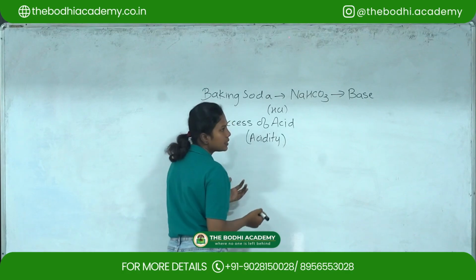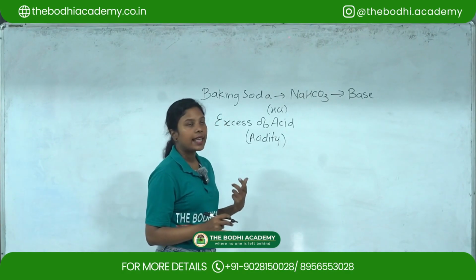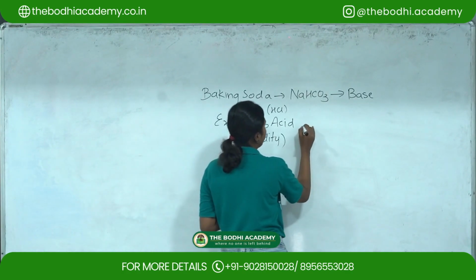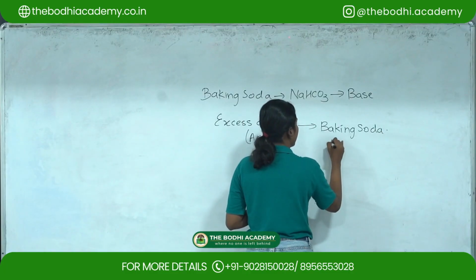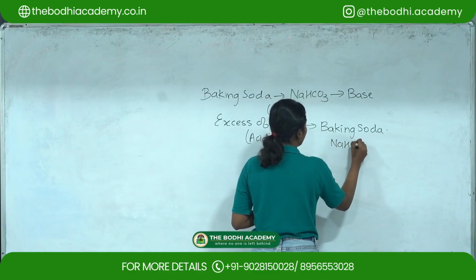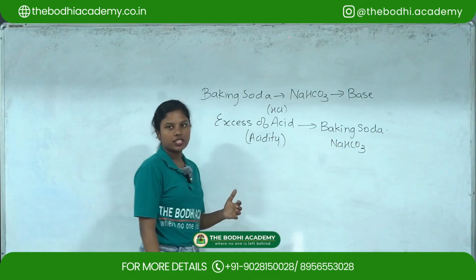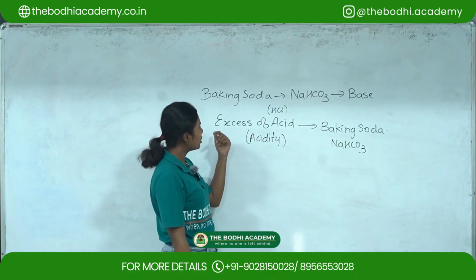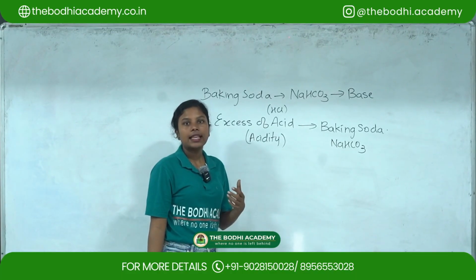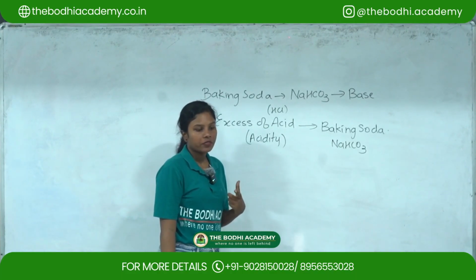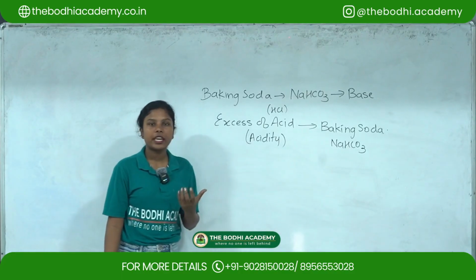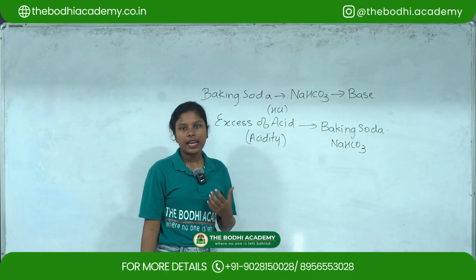To neutralize this acidity, we take a base, and that base is baking soda, NaHCO3. This baking soda neutralizes the excess acid present in our body. That is why baking soda is used as an antacid.